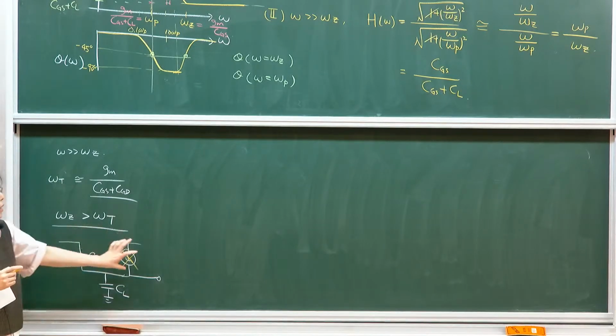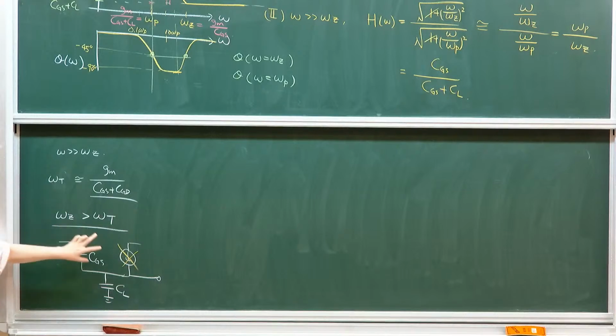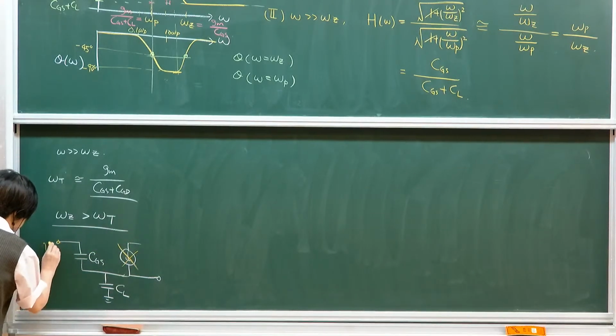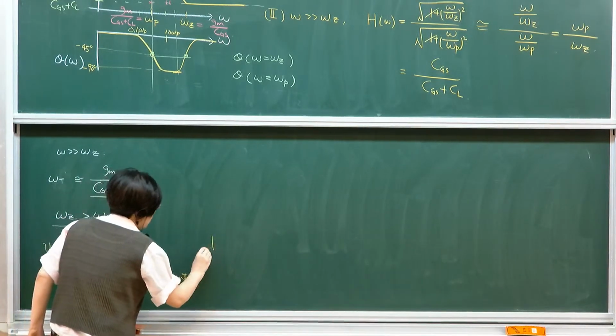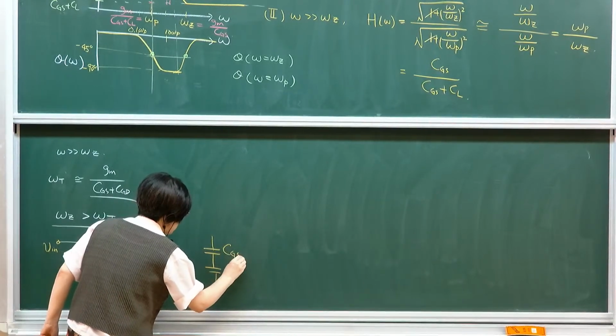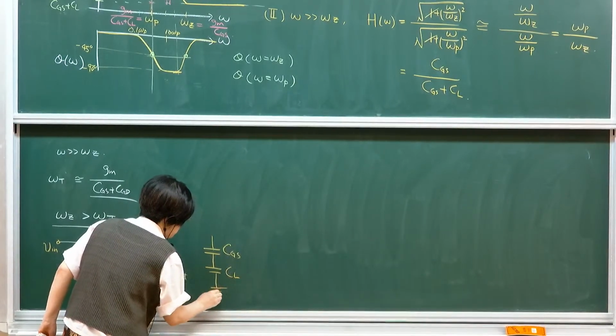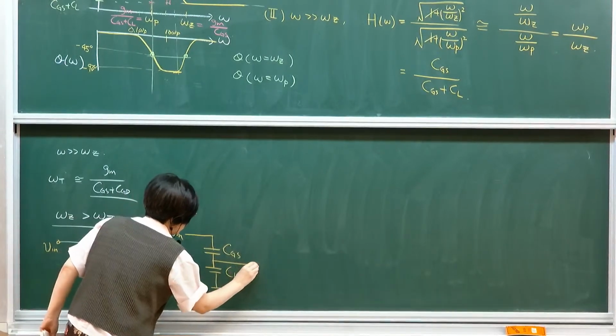So you modulate, and then the current changes. But now, at a very high frequency, you don't see this. So this is V in, this is V out. So if you have a circuit like this, CGS, C load, V in, V out.